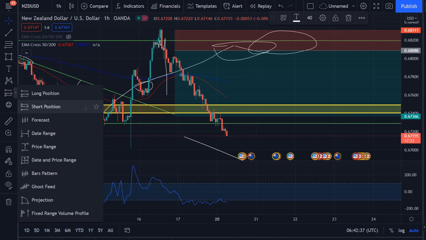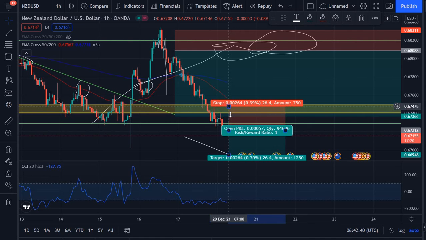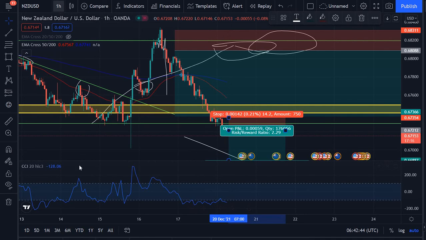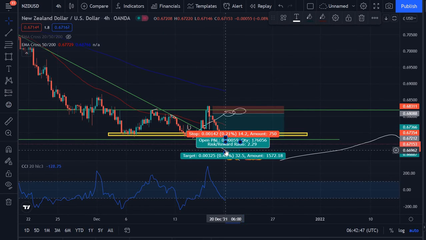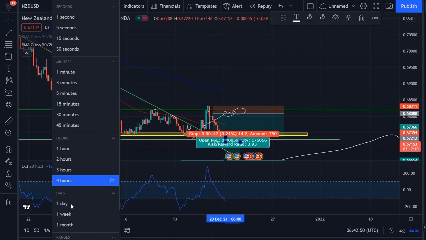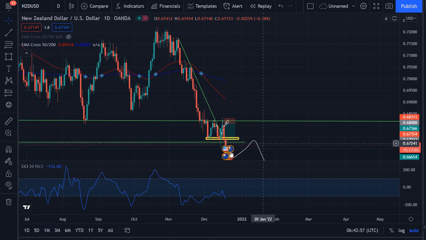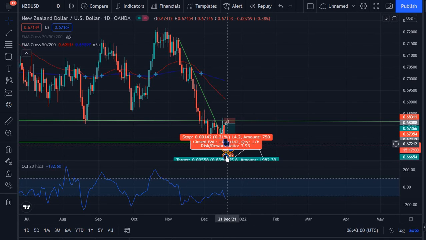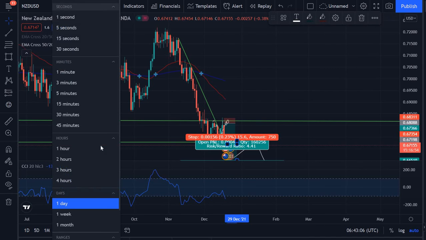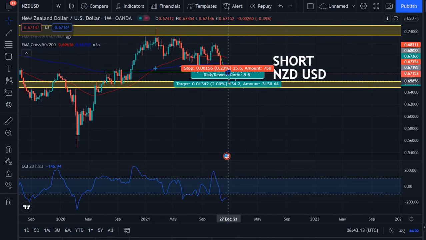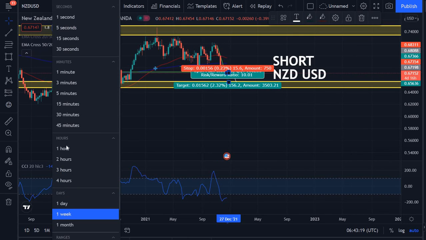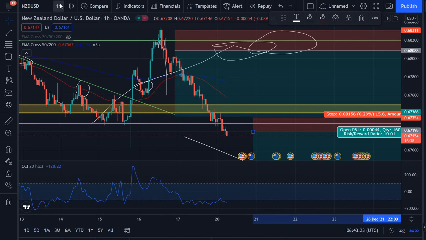So from here, well, now I don't know if I would enter now, but usually the trade would look something like this, and then head all the way to here, which would be roughly 1 to 10 risk reward, whatever, depends on the entry. But this would be the trade to take.